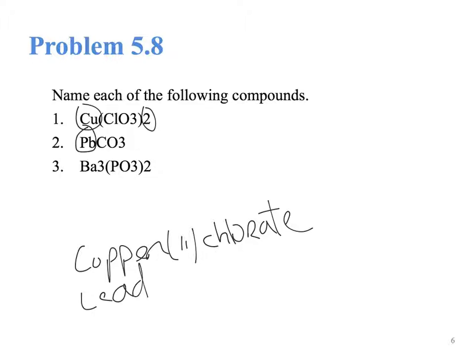The charge of lead, because carbonate is 2-, so the charge of lead will be 2+ in order to balance the charges. Carbonate. This is an N. And this is going to be barium phosphite.